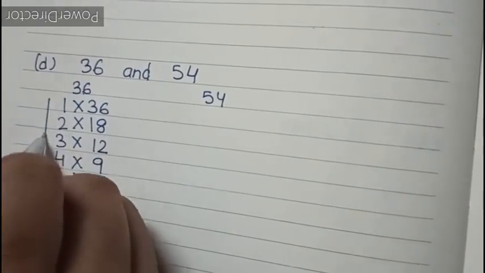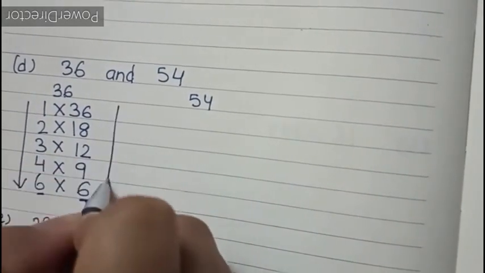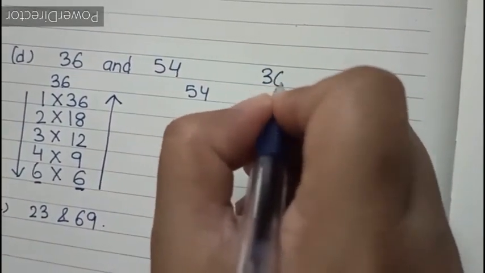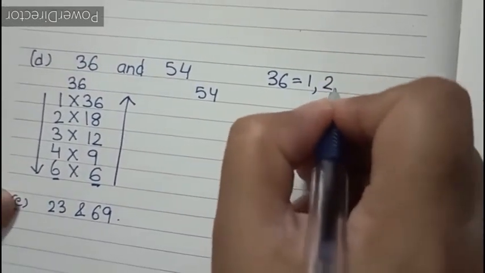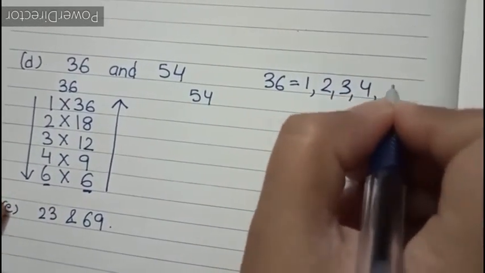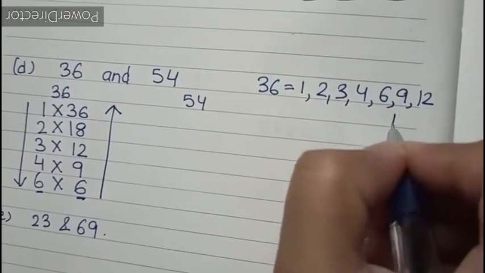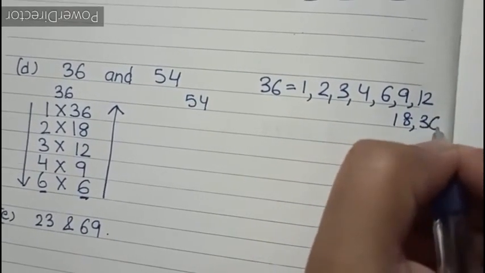So all these numbers going downwards and upwards are factors of 36: 1, 2, 3, 4, 6, 9, 12, 18 and 36.